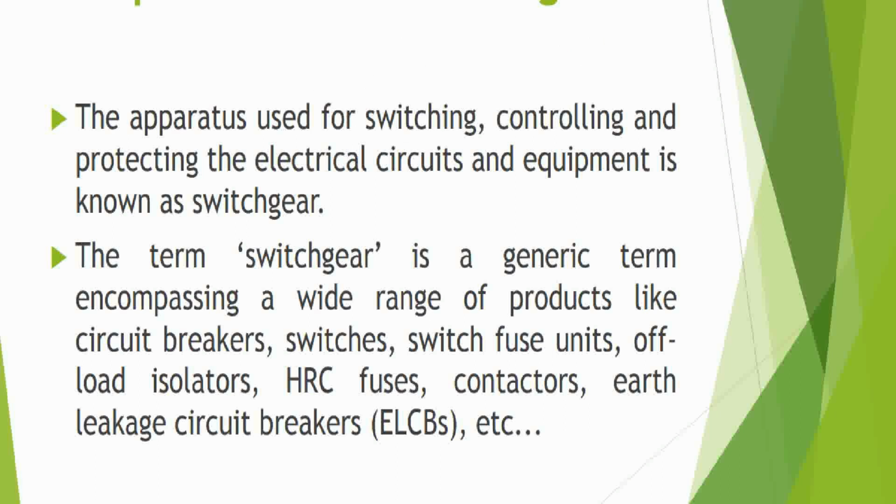Coming to the circuit breaker. A circuit breaker is a piece of equipment which can make or break a circuit either automatically or manually under faulty condition. A circuit breaker essentially consists of fixed and moving contacts called electrodes.